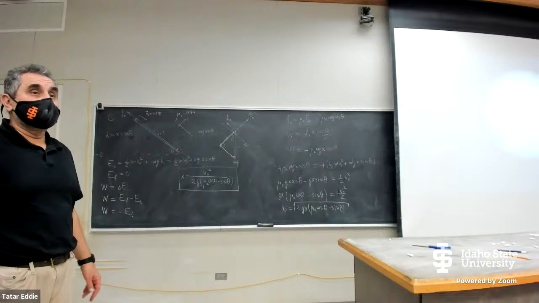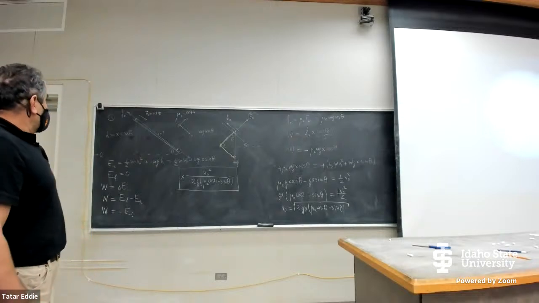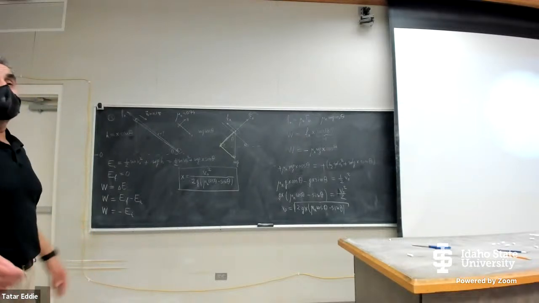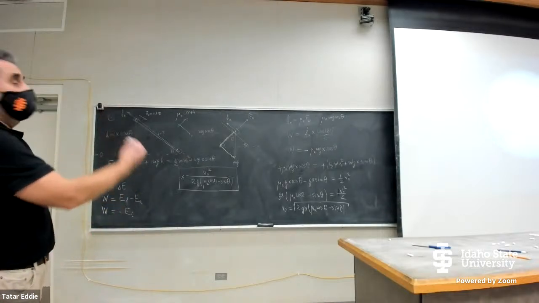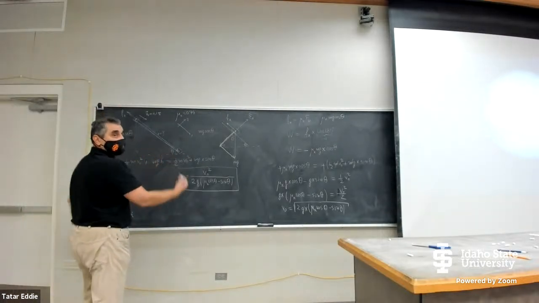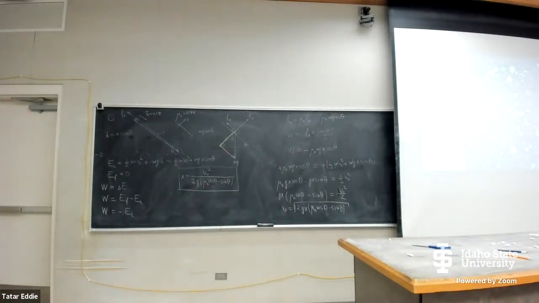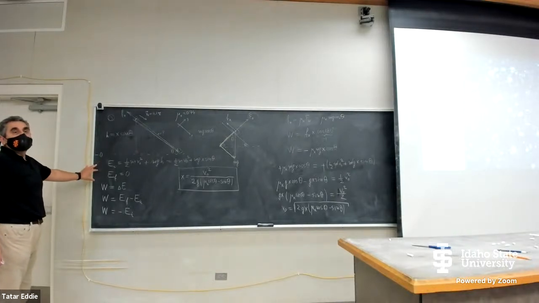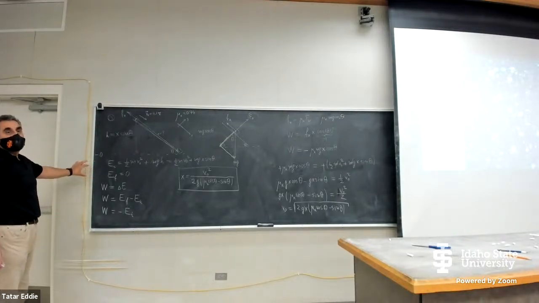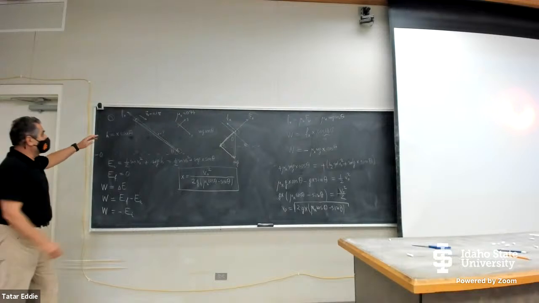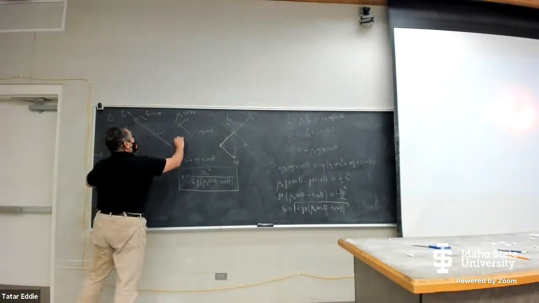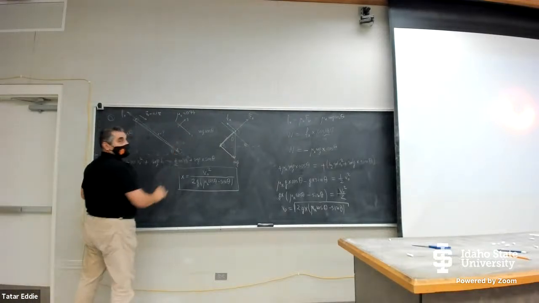Well, if the truck is not going downhill but going uphill, again the same story, the situation is going to be similar, but the final energy is going to differ.